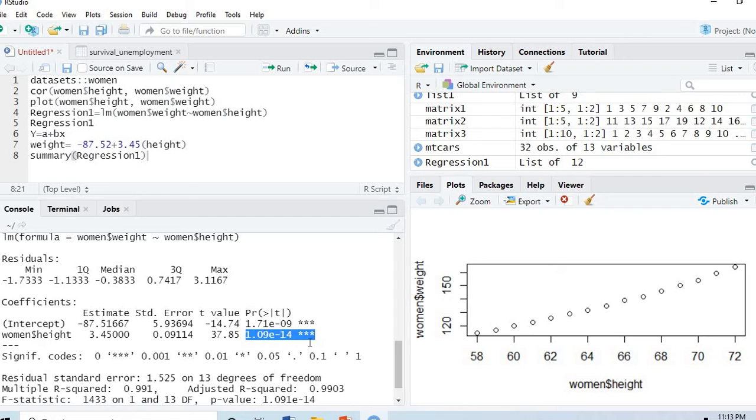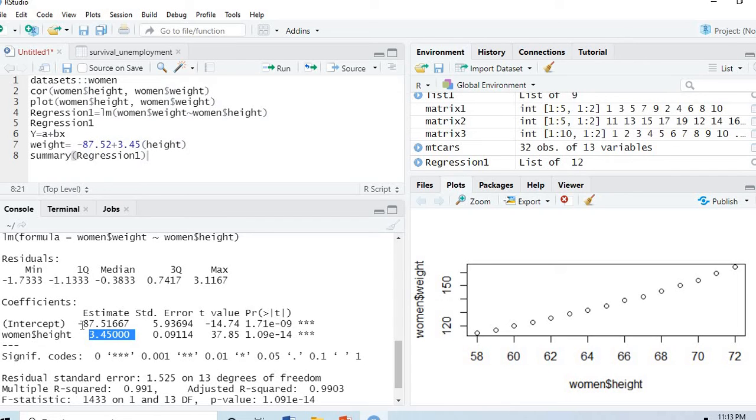And second, you can see these three stars, which indicate that this is significant. So in this summary, first you have an idea of the residual values, and second you have to find out the value of the constant or intercept and the value of the coefficient of the independent vector.